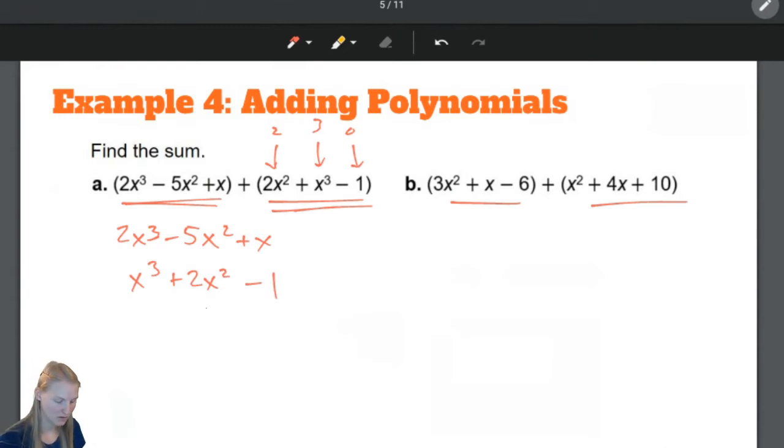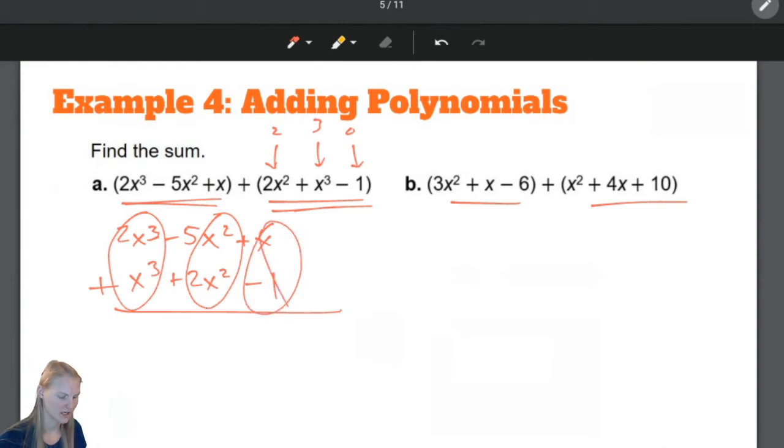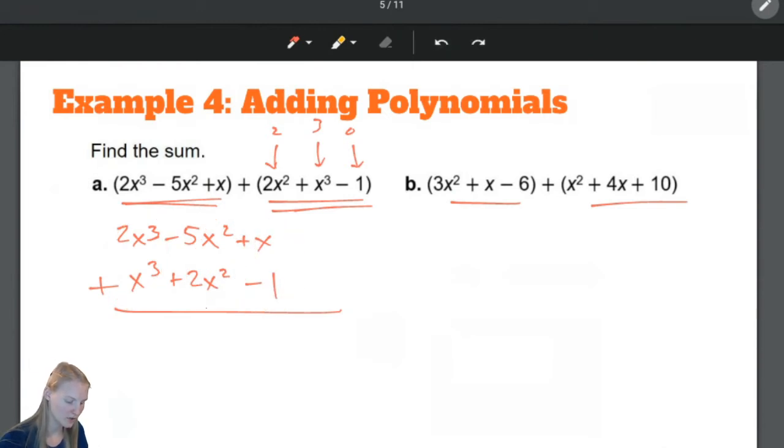And now, look at this. When I go to add these polynomials, the x cubeds are together and the x squareds are together. Now these we don't want together. So what we're going to do here is this minus 1, we're going to put it over here. We're going to leave space. This is like there are 0 x's. There are no x's here.